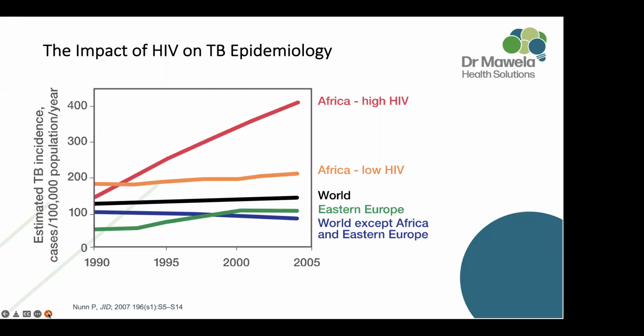I just added this slide to kind of start to show the relationship between HIV and TB. And you would see that in regions where there is a low prevalence of HIV, you'll also find that the incidence of TB is significantly low.